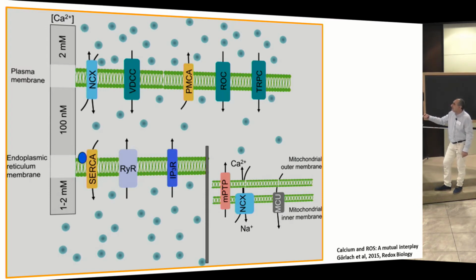All these can insert calcium from outside, and then calcium can be pumped into the store with the SERCA pump, or pumped out with plasma membrane ATPase, and so on, or it can go to mitochondria. So all this action requires energy, definitely. It's not cheap for the cell to make these pumpings or exchangings.